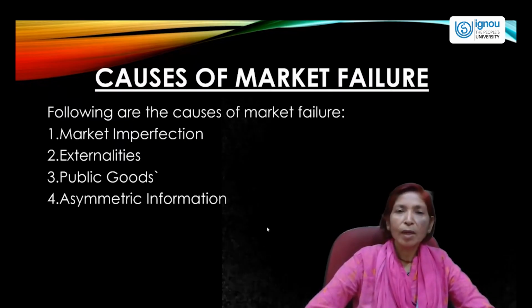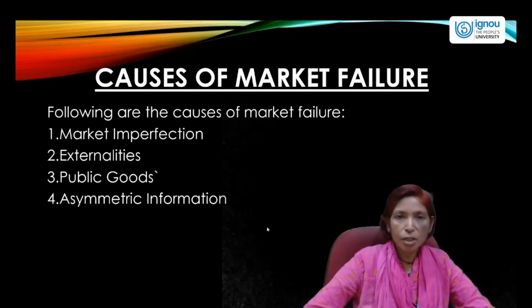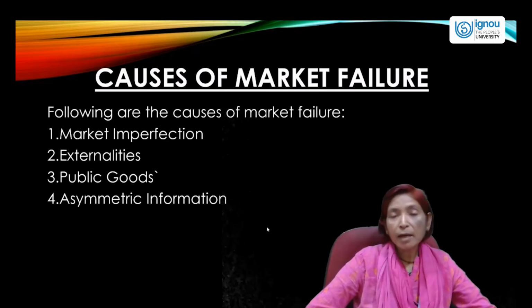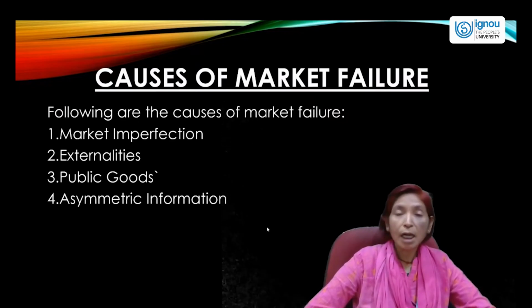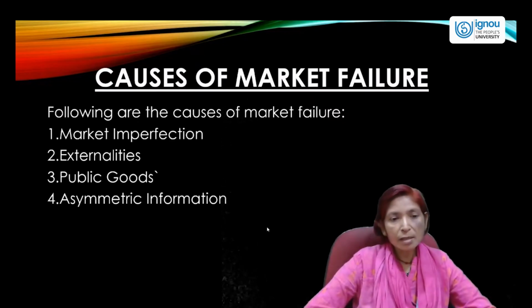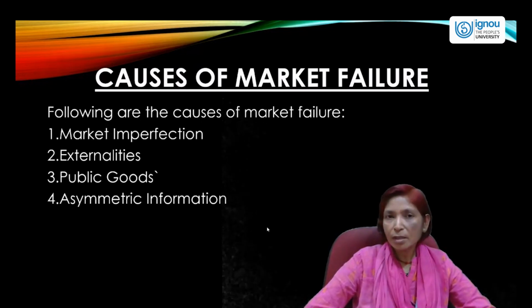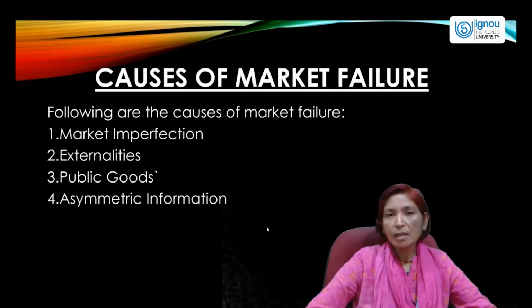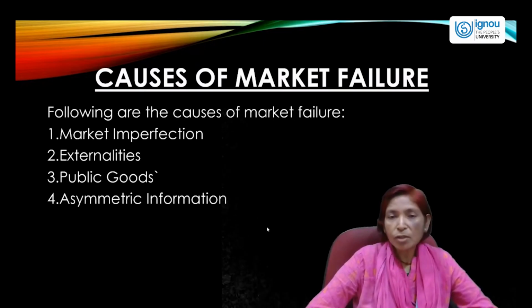Asymmetric information is known as incomplete information or unequal information. If the seller has good information about the product but the buyer does not have full information regarding that product, in this case asymmetric information exists, and it is the main cause of market failure because the seller will sell their product, which may be a lower quality product, but the consumer is not aware of the quality and price of the product.